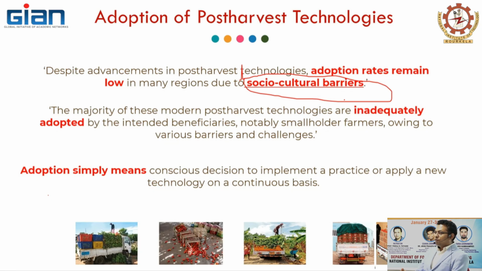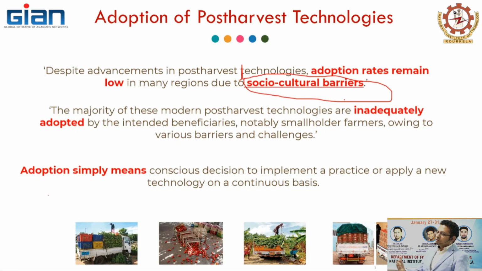Because of the stakeholders in the value chain, the first stakeholder is the farmer, and then vendors, retailers, traders, all are involved. Losses are a huge loss financially and resource-wise, and still, when new things come to the market, people are not ready to accept them easily.